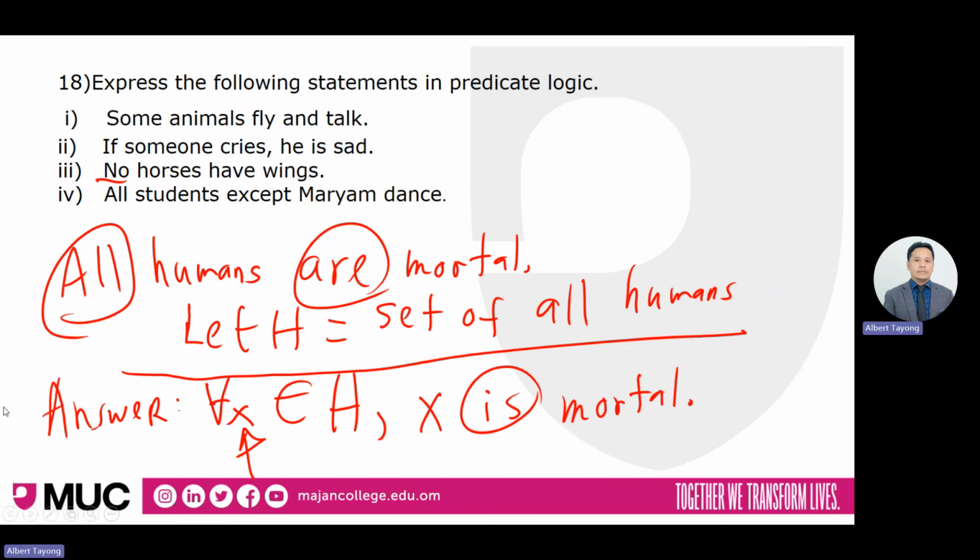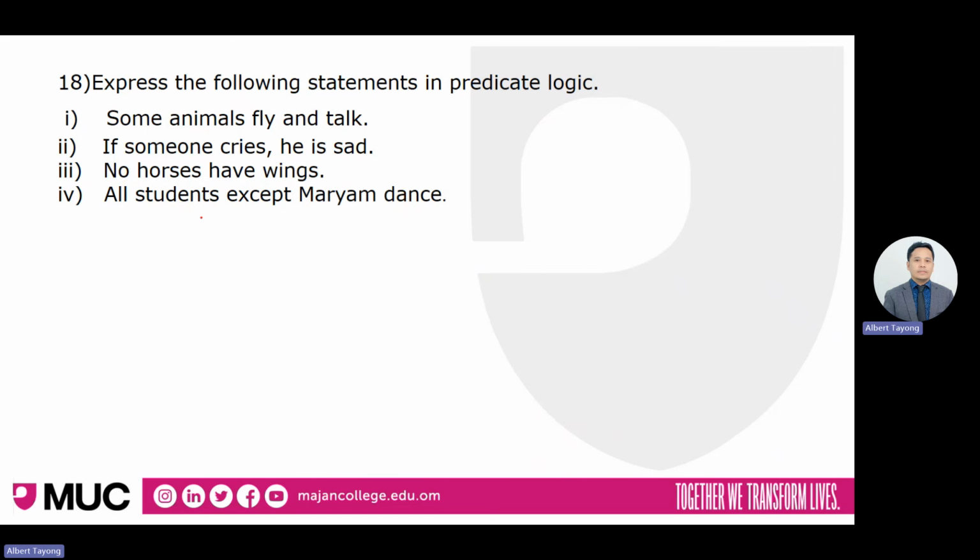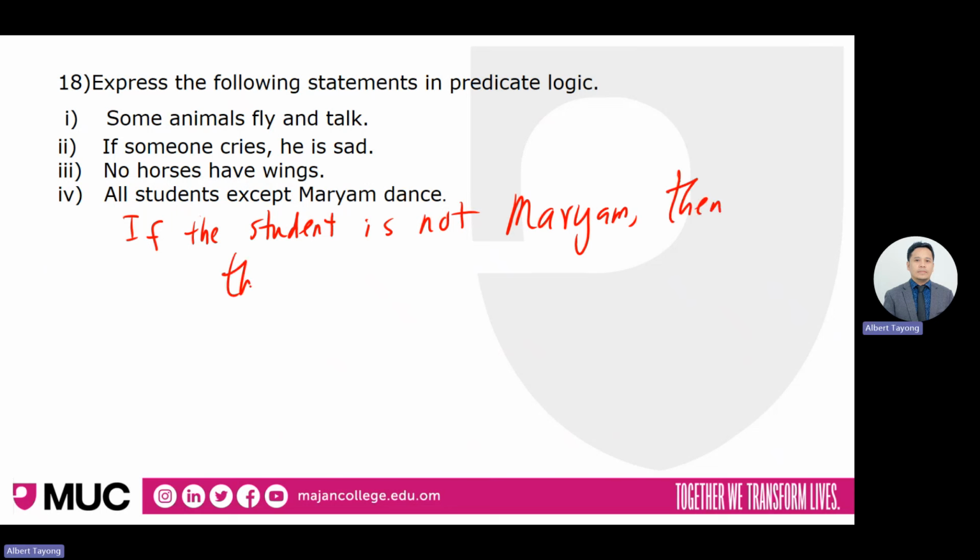Okay, so let's have number 4. All students except Mariam dance. Okay, this one. Now, here it means that if the student is not Mariam, then that student, he or she, dances.